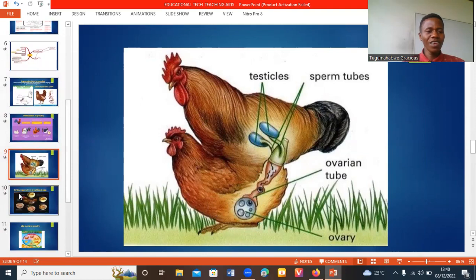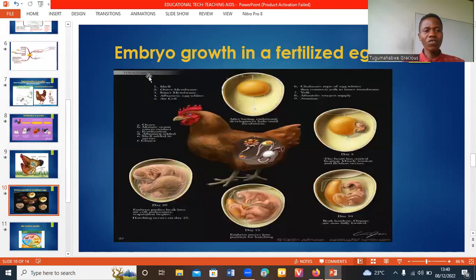Moving on to the next aid, it is showing the embryo growth in a fertilized egg. After being fertilized, we shall observe that the egg will have what we call an embryo, and that embryo develops after the male gamete and the female gamete meet, or are fused together.